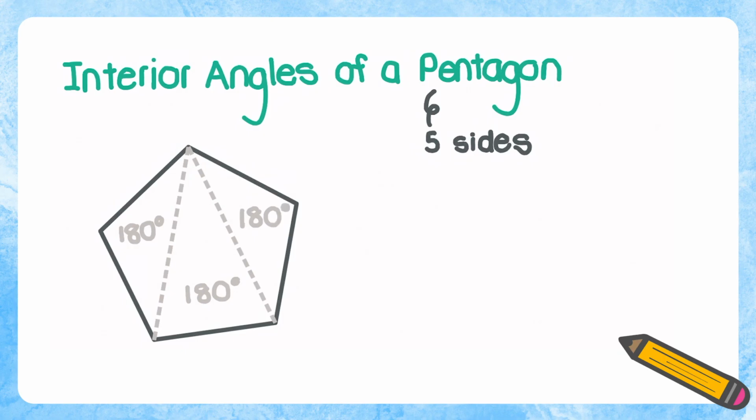Since I have 3 triangles, to find the sum of the interior angles of a pentagon, I'll do 3 times 180 degrees. This equals 540 degrees. So the sum of interior angles of a pentagon is 540 degrees.